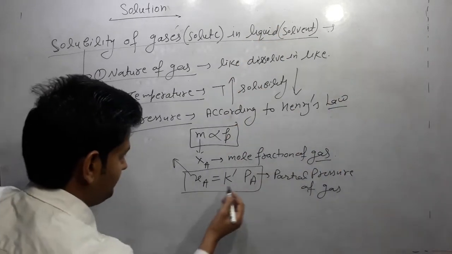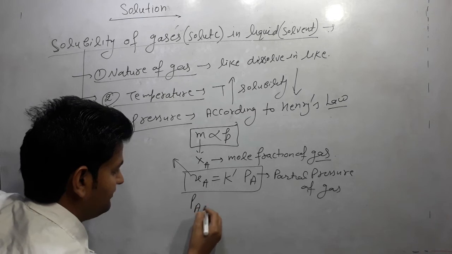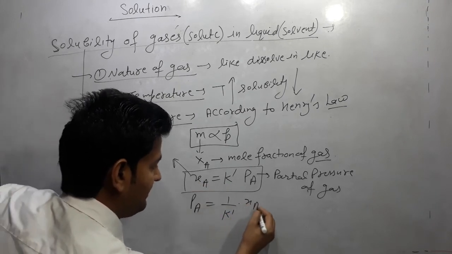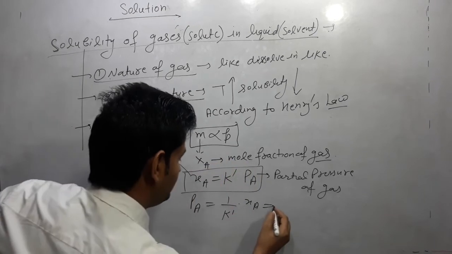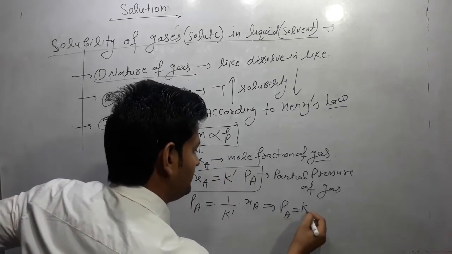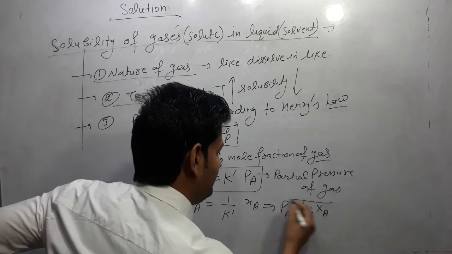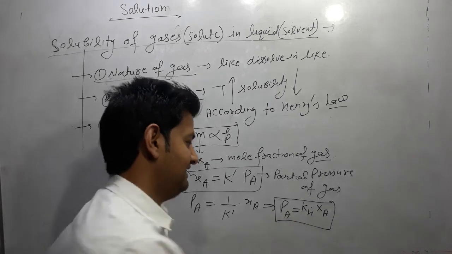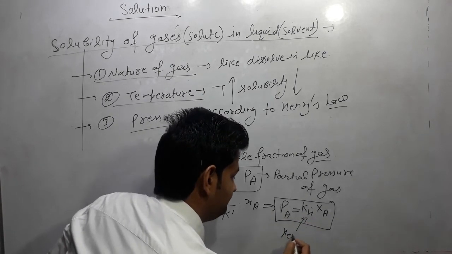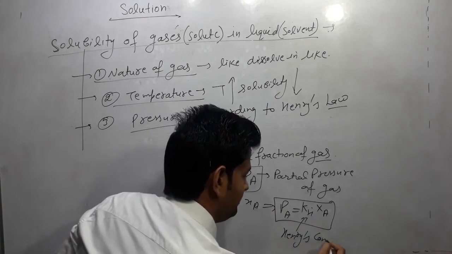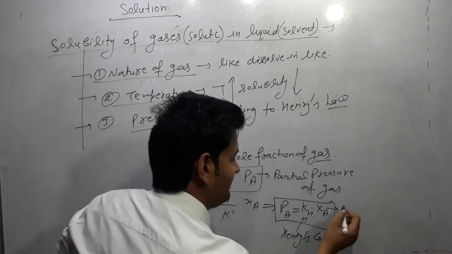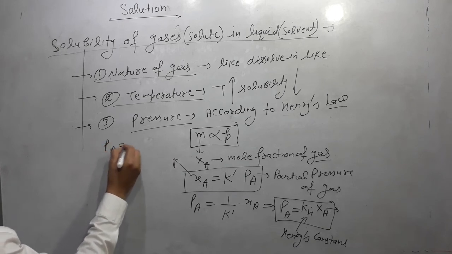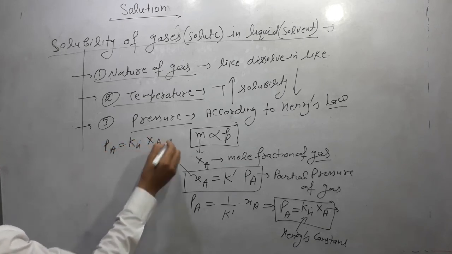We can conclude PA is equal to 1 by K dash into XA, and it can be written as PA equal to KH into XA, where KH is the Henry constant and XA is the mole fraction of the gas.